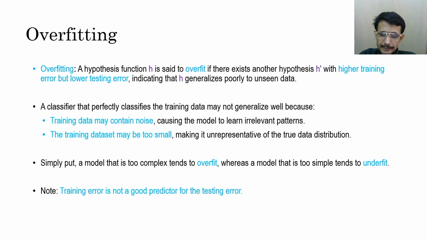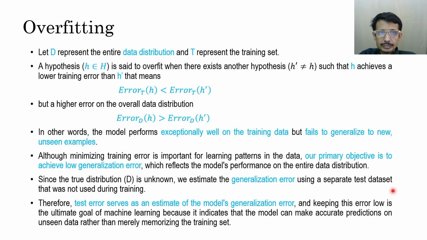Now, let's go a bit deeper. Let D represent the entire data distribution and T represent the training dataset.